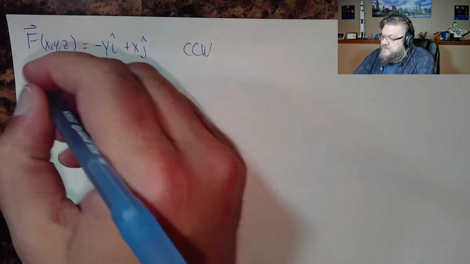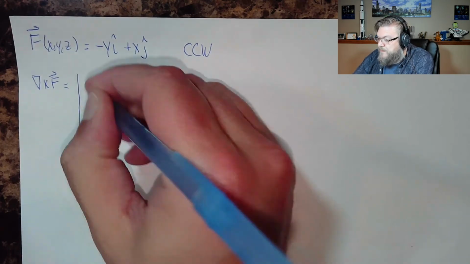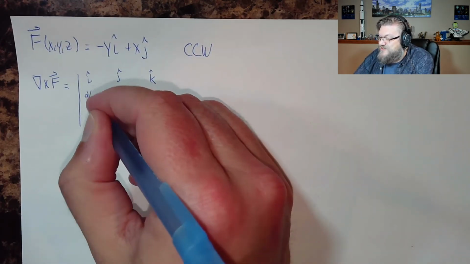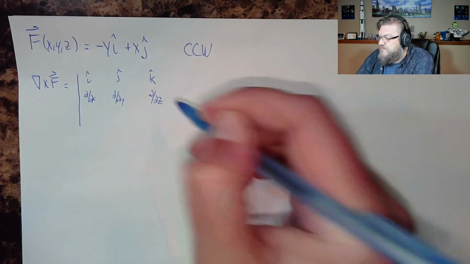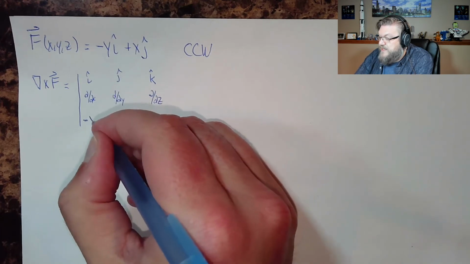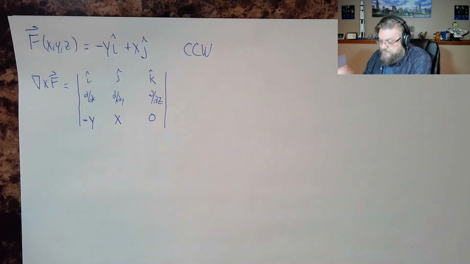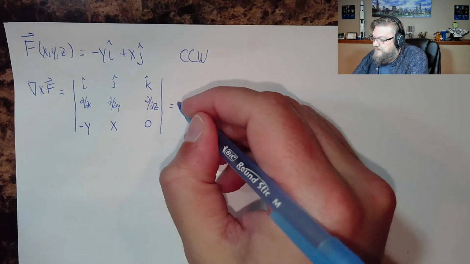Okay. Let's go ahead and calculate the curl of that. And I'll try not to screw this one up. ijk, partial of x, partial of y, partial of z, negative y, x, 0. Okay.